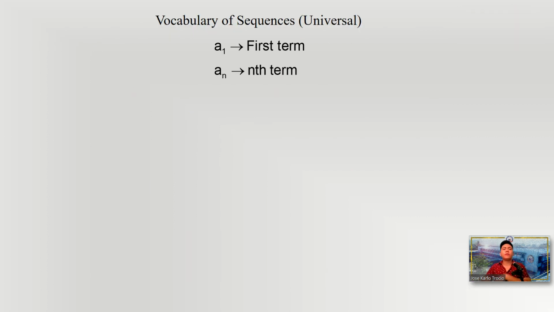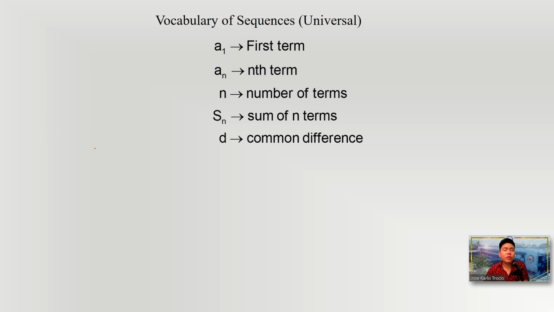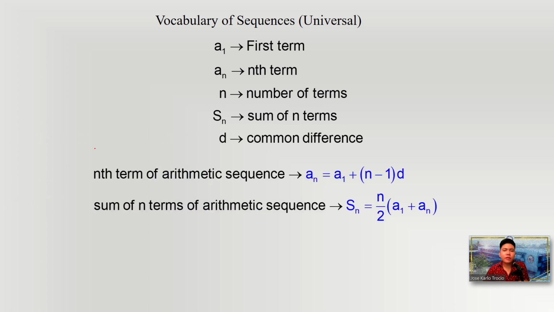Okay, let us first learn the terminologies in here. The first term is a sub 1. Take note: a sub n is the nth term, n is the number of terms, S sub n is the sum of n terms, where you add them all, and d is the common difference.